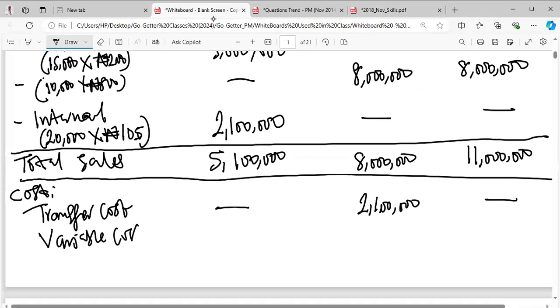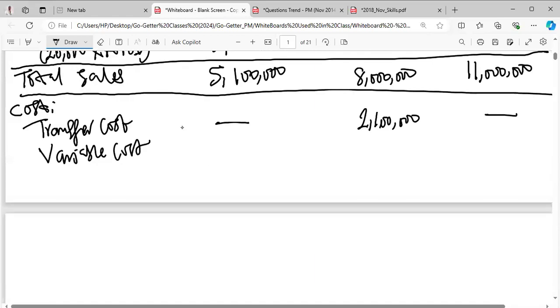Let's calculate them one by one. We have 105. So this is 35,000 units that you sold both internally and externally. You produced them at 105 naira. That's your variable costs. So what is it going to be?